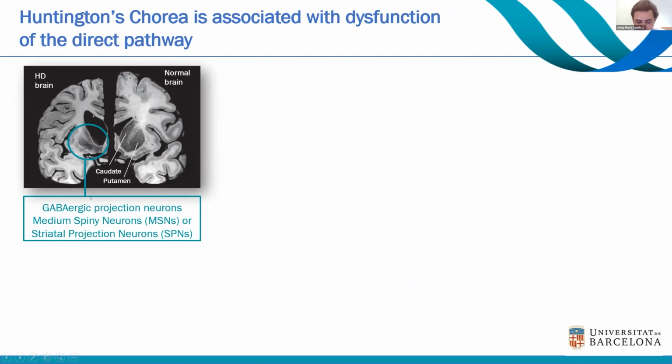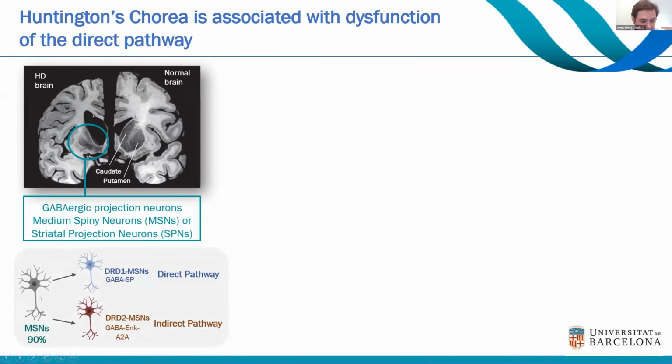The striatum is populated by 90% of MSNs, medium spiny neurons, that are striatal projecting neurons. These striatal projecting neurons can be subdivided, as most of you know, into two kinds of subpopulations: the DRD1 MSNs and the DRD2 MSNs, which generate the direct and the indirect pathway.